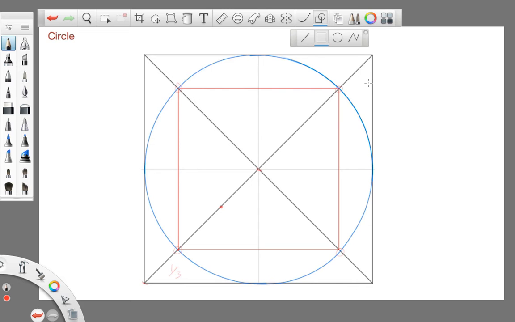So that's the way we can easily construct a circle. Basically what we need to find is the midpoints on those outer edges, and then we need to find the 1/3 points on the diagonals.